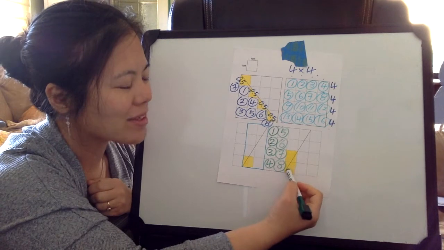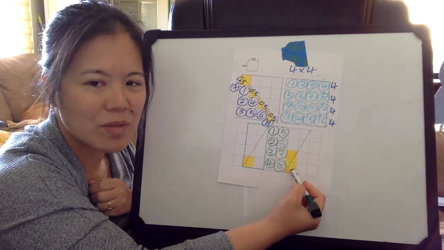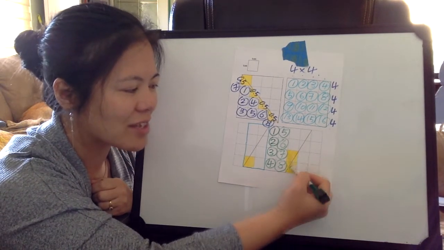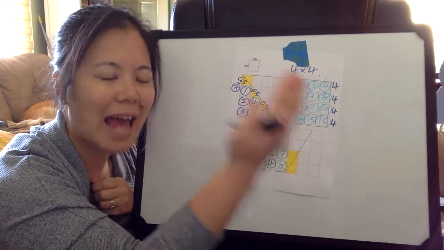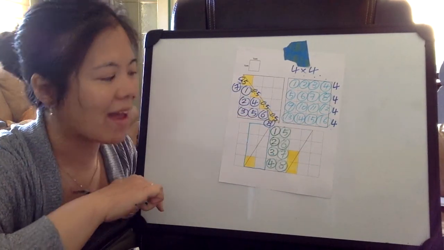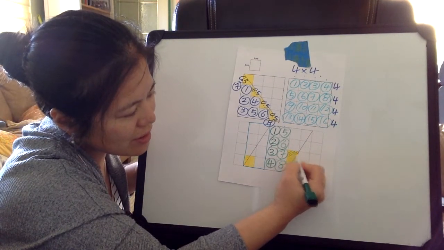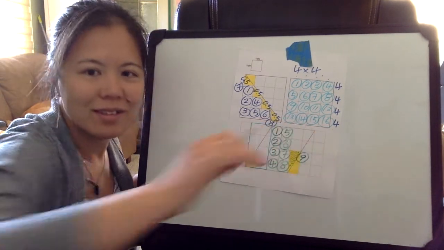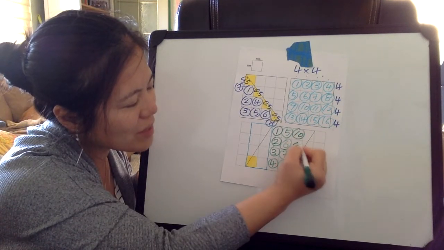So isn't it exactly the same as having 1 square instead of 2? Because I have 2 squares right over here, but my line is cutting these 2 squares in half. So it is like having 1 full square. So I could count this part, right? This side, I could count that as 9. And 10. And 11, because these are full ones.